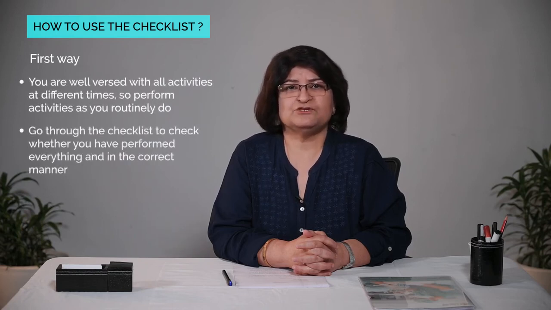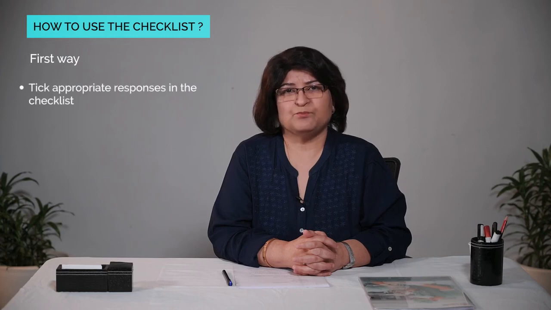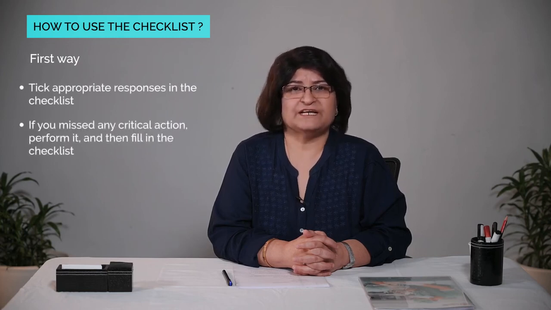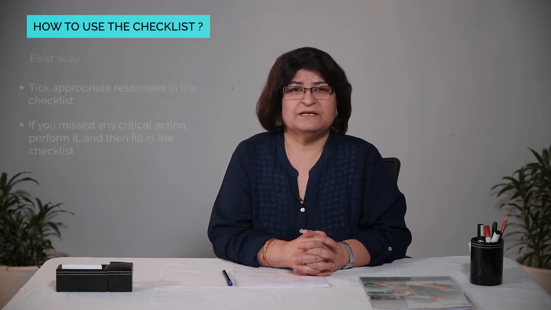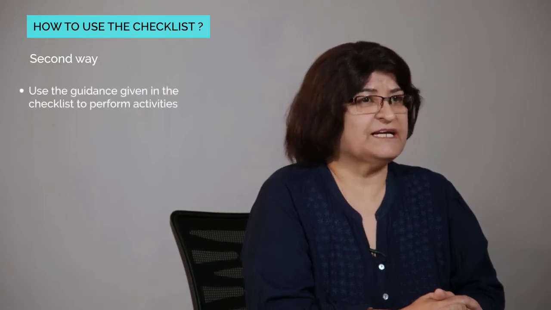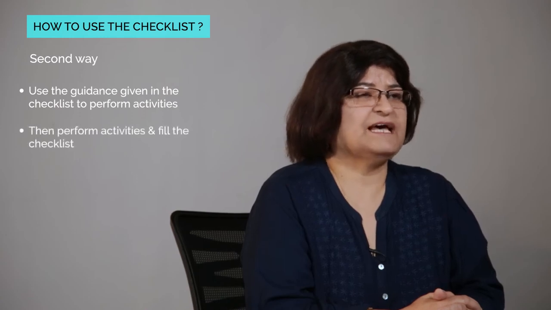Go through the checklist to check whether you have performed everything and in the correct manner. Tick appropriate responses in the checklist. If you have missed any critical action, perform it and then fill in the checklist. In the second way, you can first use the guidance given in the checklist to perform the activities, then perform the activities and fill in the checklist.